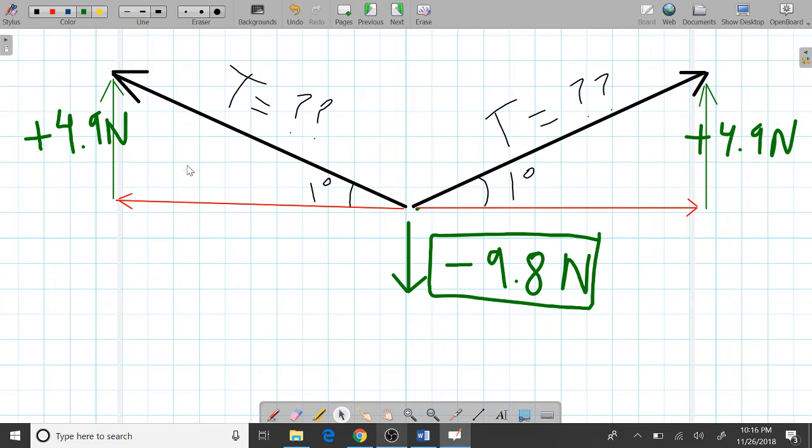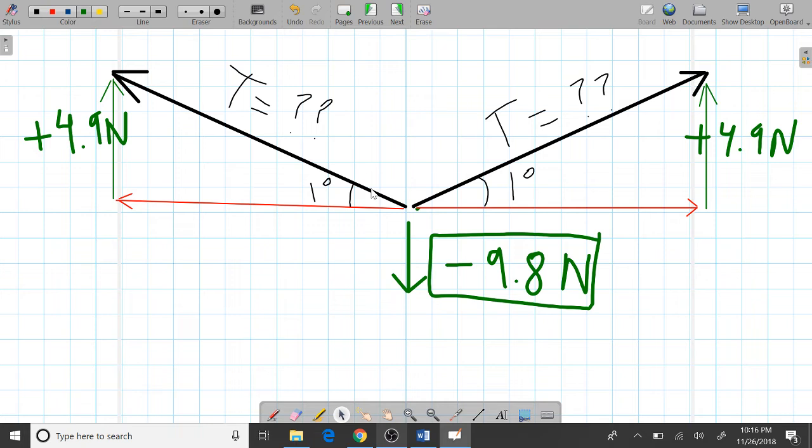Now, the next step is easy. In order to solve for the tension in this wire, we just need to use a trig function, because if this angle is 1 degree and our opposite side is 4.9, we can easily solve for this hypotenuse, and the hypotenuse is the tension of the wire.